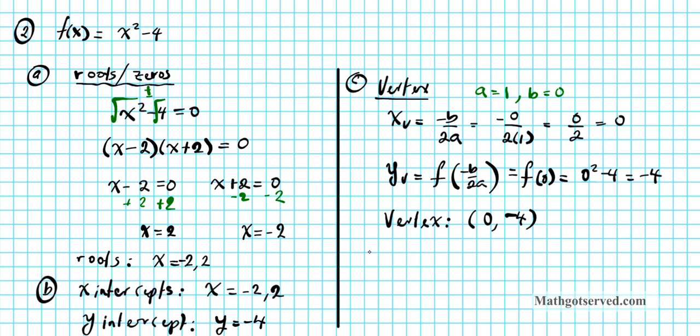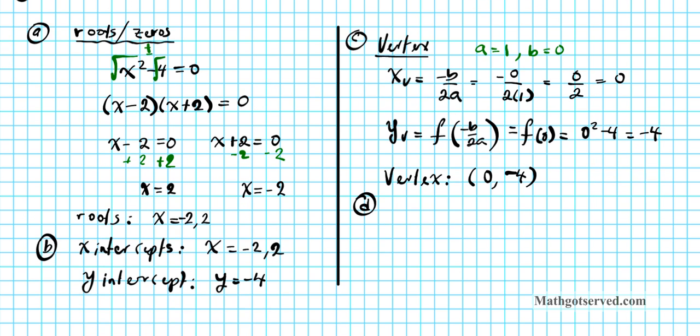Okay? All right, next thing we need is we're going to describe the opening and extremum value. So for the opening, we know that a is greater than 0, or positive. So what does that tell us about the parabola? It opens up because we have a happy situation.